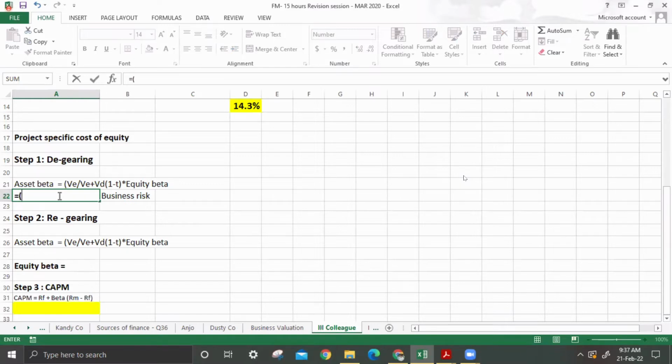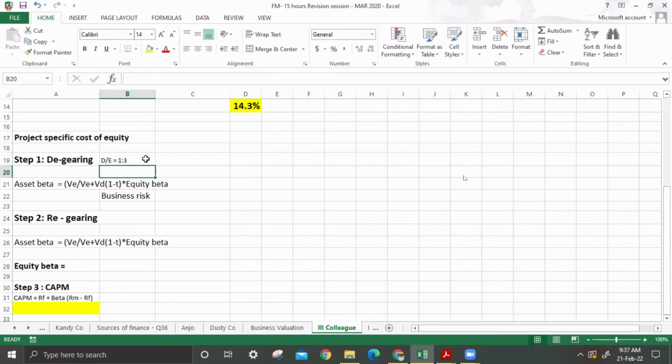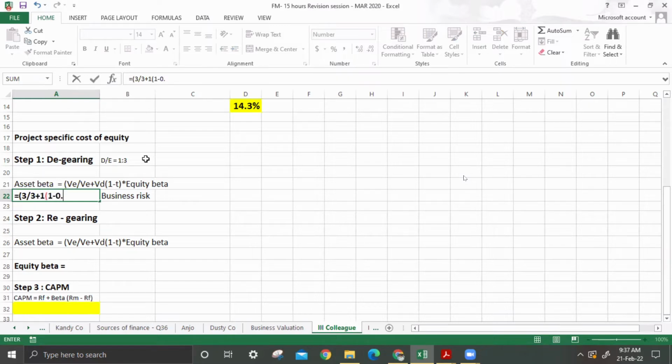Value of equity, 1:3, no? So your debt equity ratio 1:3. That means debt is 1, equity is 3. So 3 divided by 3 plus debt is how much? 1 into 1 minus tax rate was how much? 0.35. Correct?